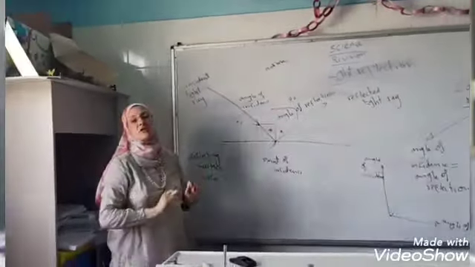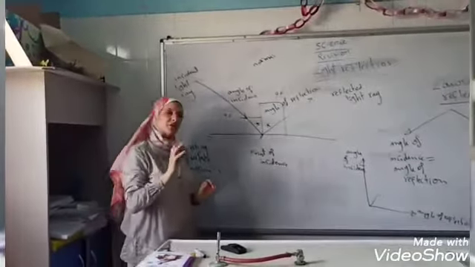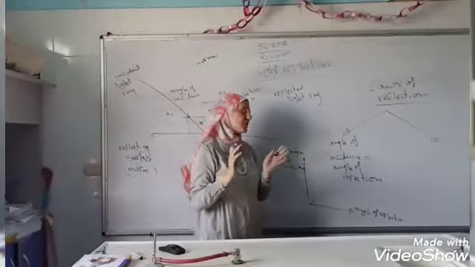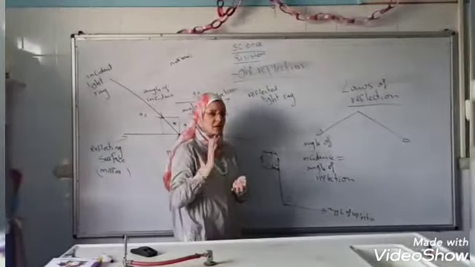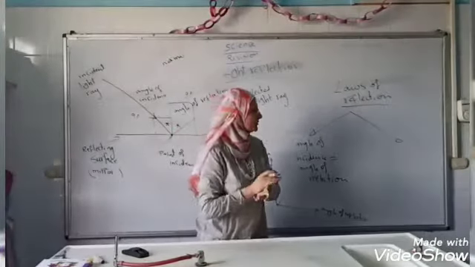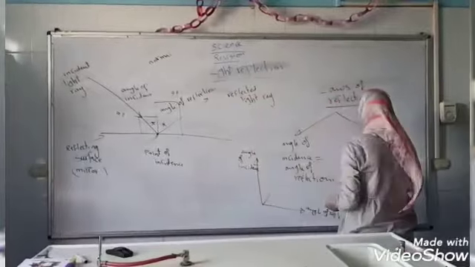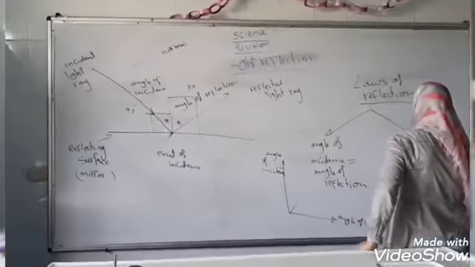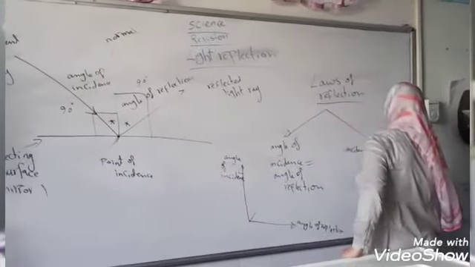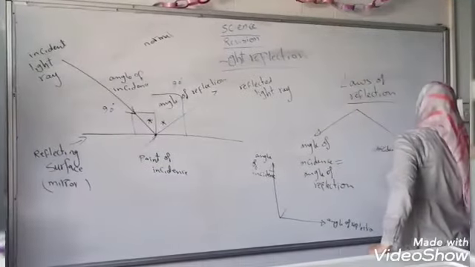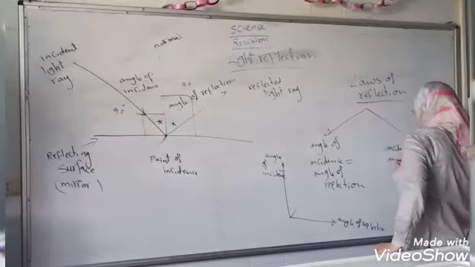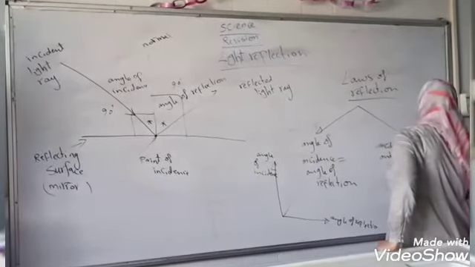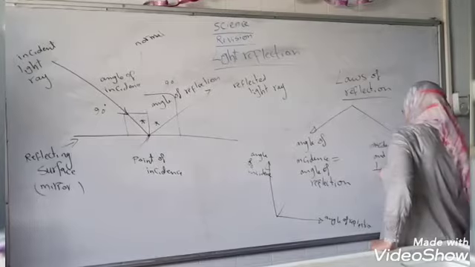This is the second law. It's not mentioned many times in our exam, so it's not important for exams. The second law is: the incident light ray, reflected ray, and normal all lie perpendicular on the reflecting surface.